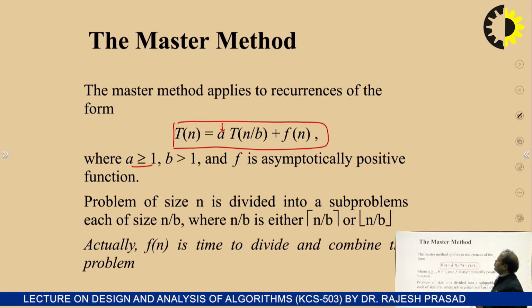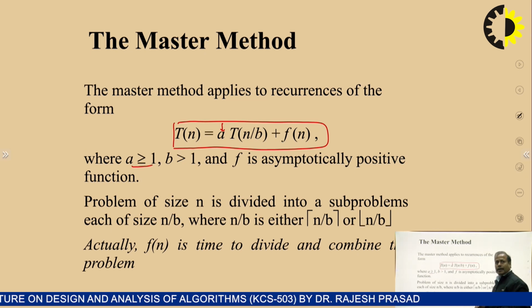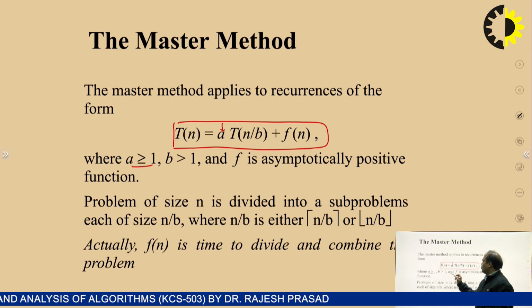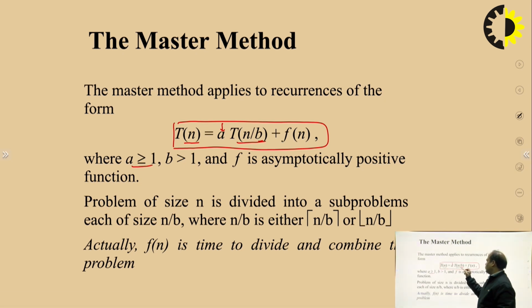Mostly we use this master method in the divide and conquer approach. So a is greater than or equal to 1 and b is strictly greater than 1, because if b is 1, the subproblem is not going to decrease in size. So this side has to be smaller than the left-hand side. And f(n) is any asymptotically positive function.